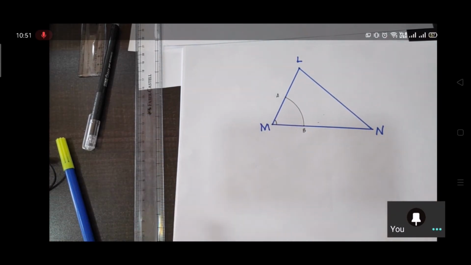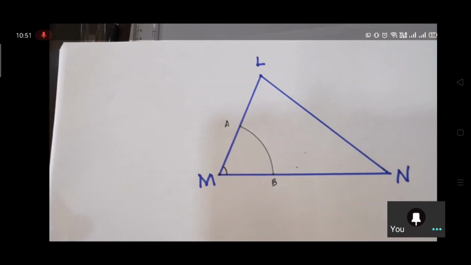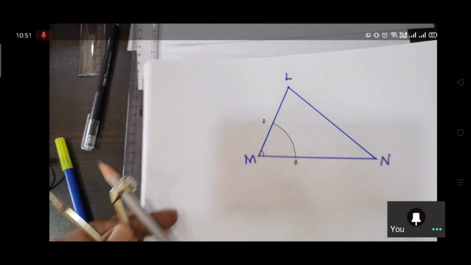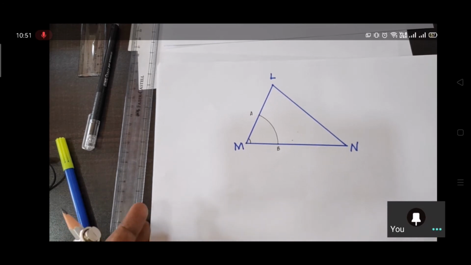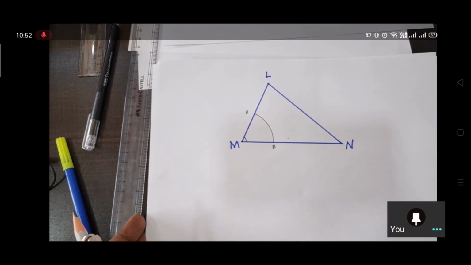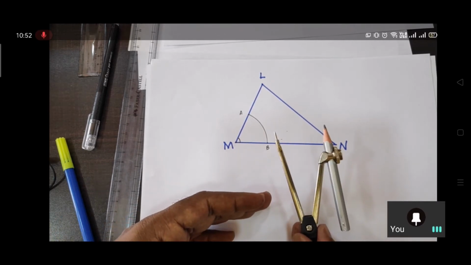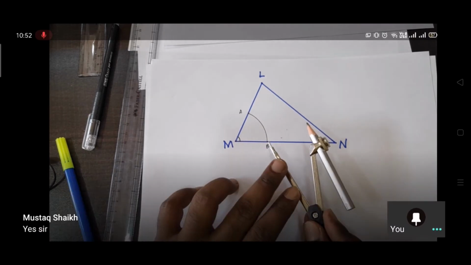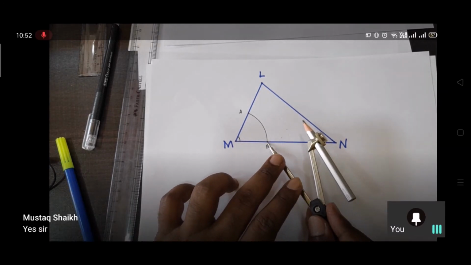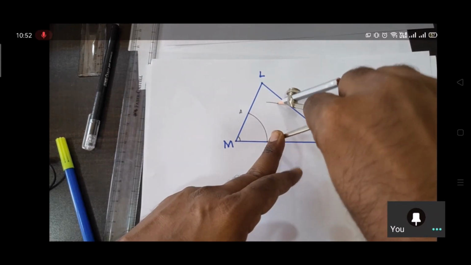What you said? Now is it clear? Take this span, keep your pointer on point B, draw one big arc.